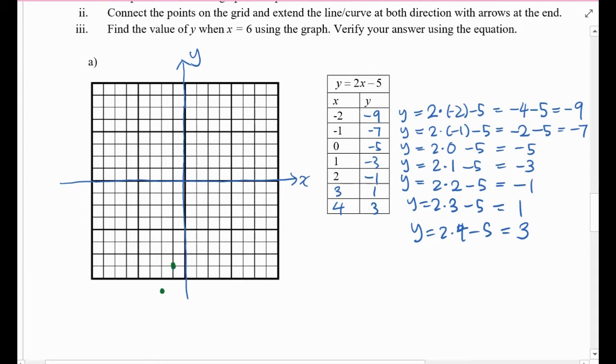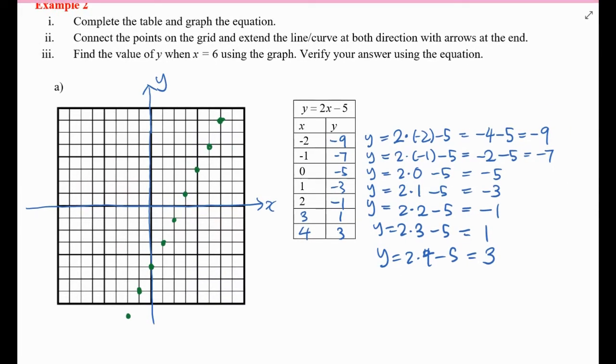And 0 comma negative 5 is here. 1 comma negative 3 is here. So it goes 1 unit right, 2 units up, 1 unit right, 2 units up, 1 unit right, 2 units up. It goes on and on like this, right?